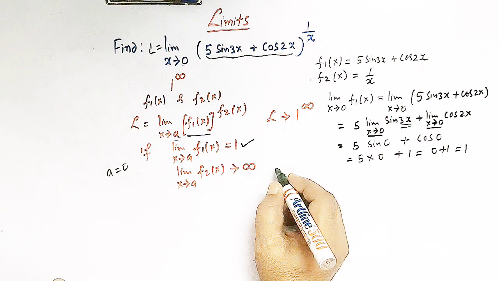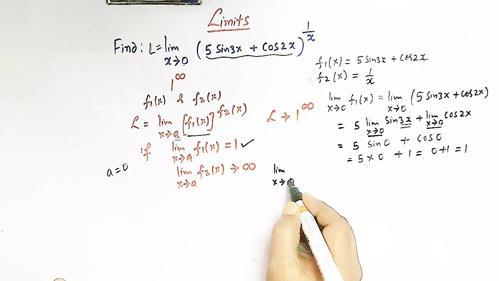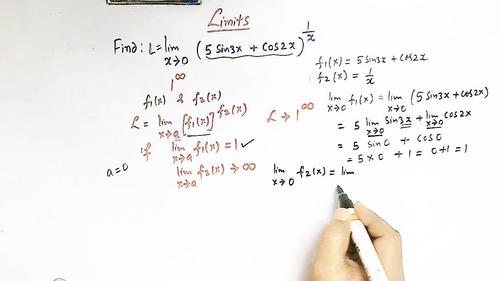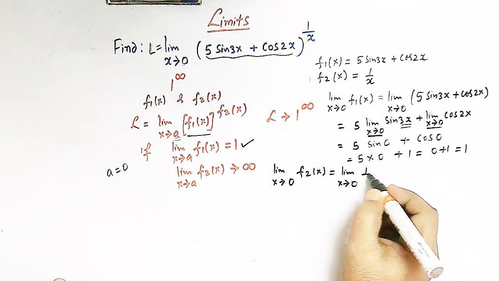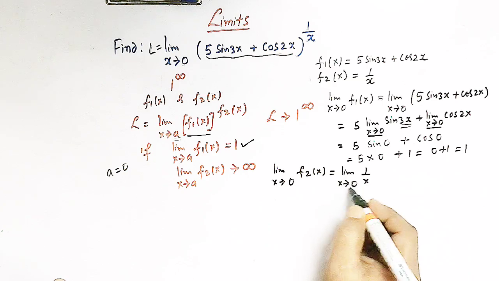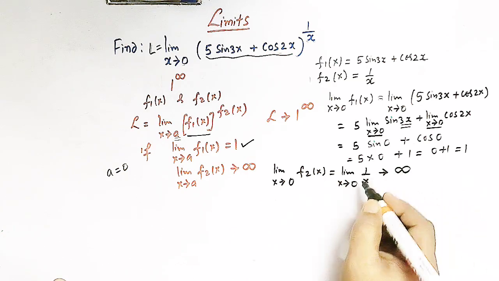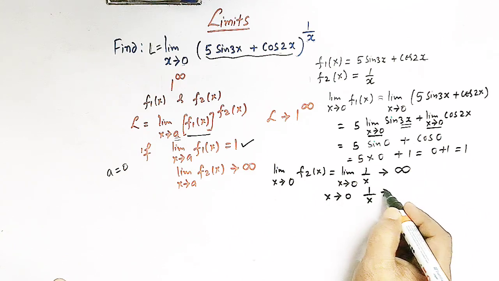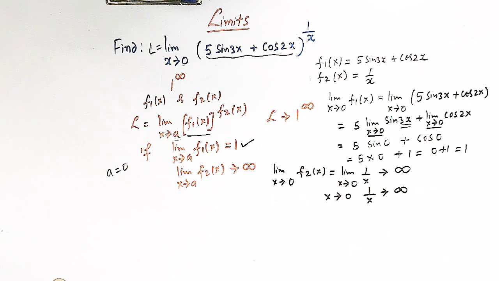So this condition is satisfied by the function f1(x). Now let us find the limit as x tends to 0 of f2(x), where f2(x) is 1 over x. Now see, this limit tends to infinity, because when x tends to 0, 1 over x tends to infinity, or 1 over x is not defined.